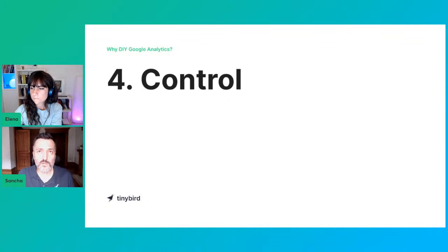So for all of these reasons, even if Google Analytics sorts their problems with regulations and GDPR and where the data is stored and all of those things, it still makes a lot of sense to be able to have all of these things in order to exploit your data much better.